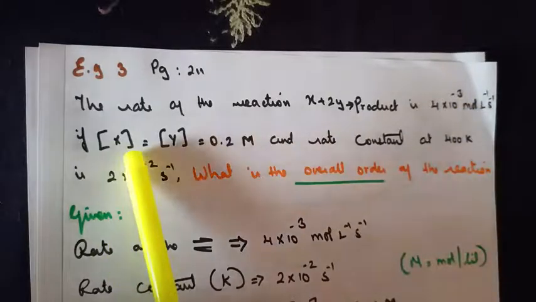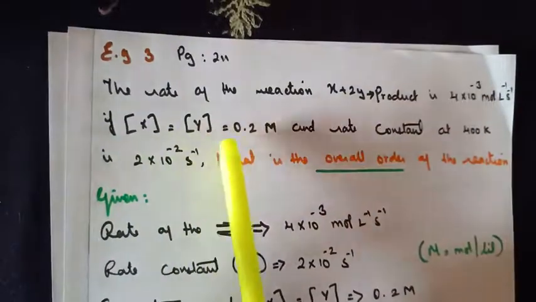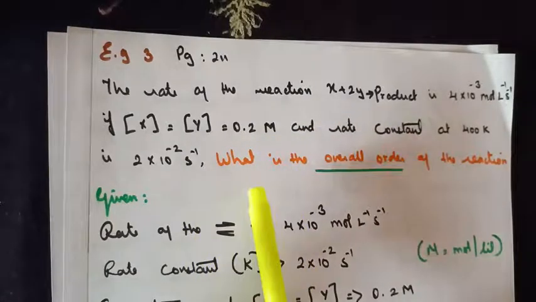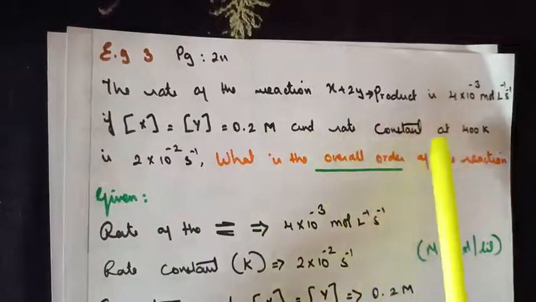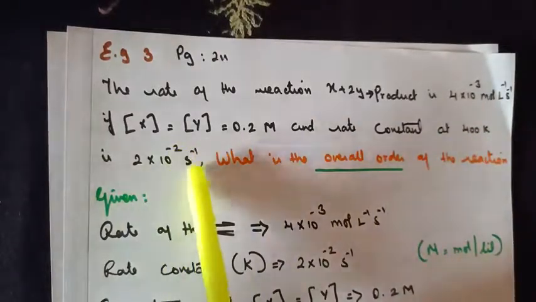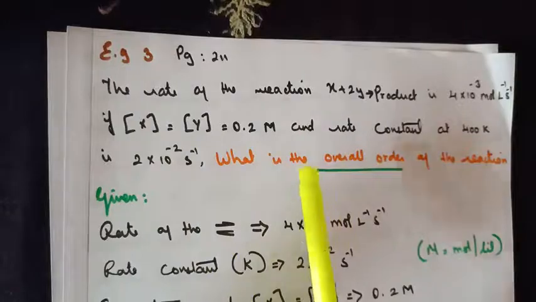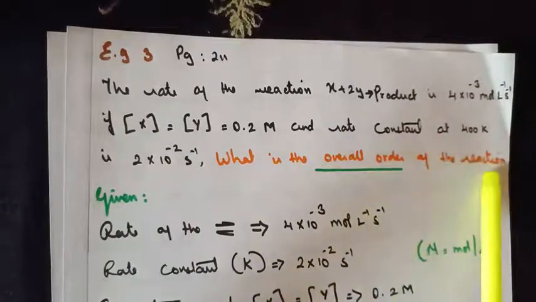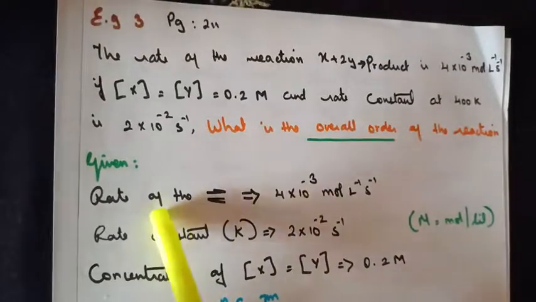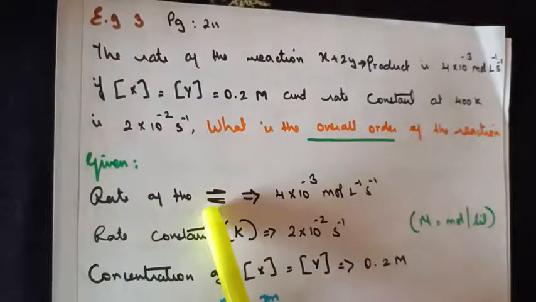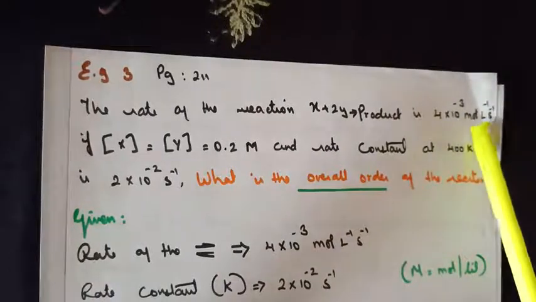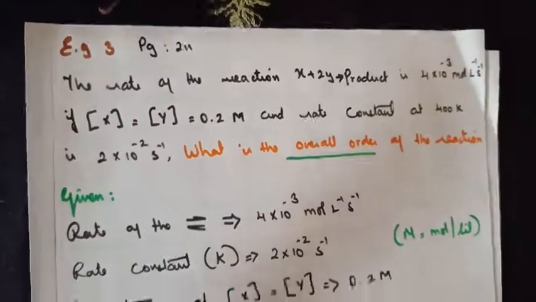If the concentration of X is equal to Y is equal to 0.2 M, that's a capital M, please pay attention to it. And the rate constant at 400 Kelvin is 2 into 10 to the power minus 2 second inverse. What is the overall order of the reaction? So given in the question, the rate of the reaction is 4 into 10 to the power minus 3 mole liter inverse second inverse.